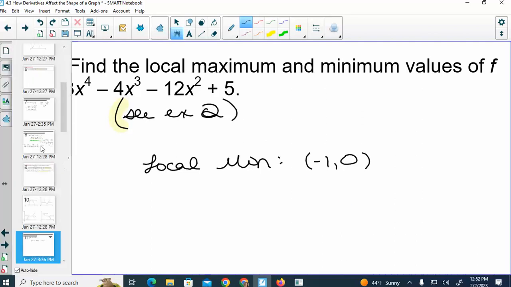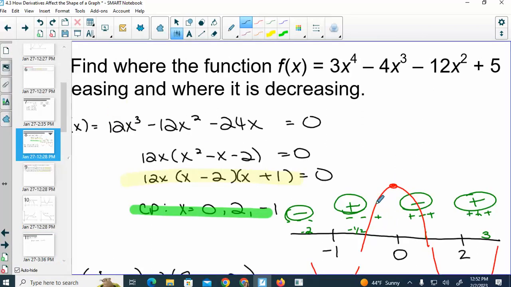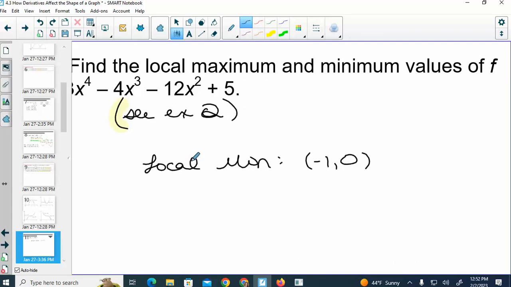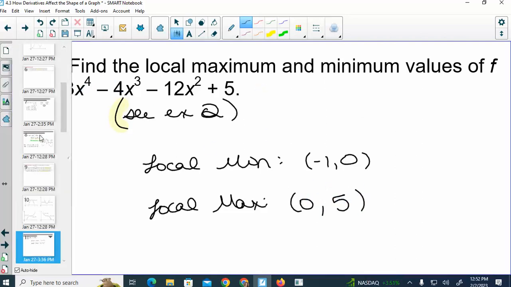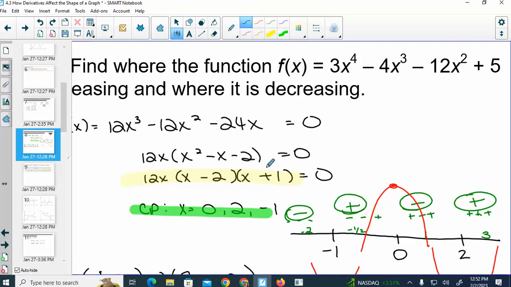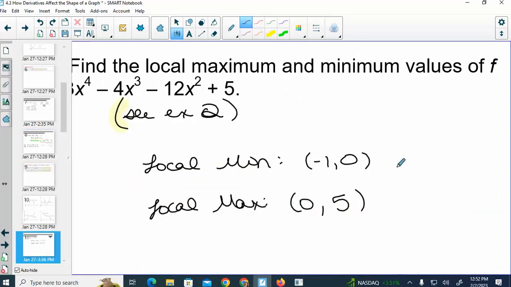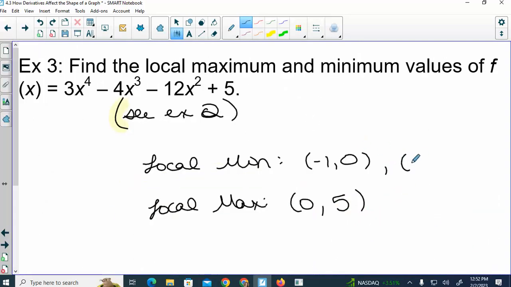All right. Then the next thing on my list, at 0, we went from increasing to decreasing. So what was 0? Local max. When I plug in 0, we got out 5. And then at 2, it was decreasing to increasing. So that was a local min.